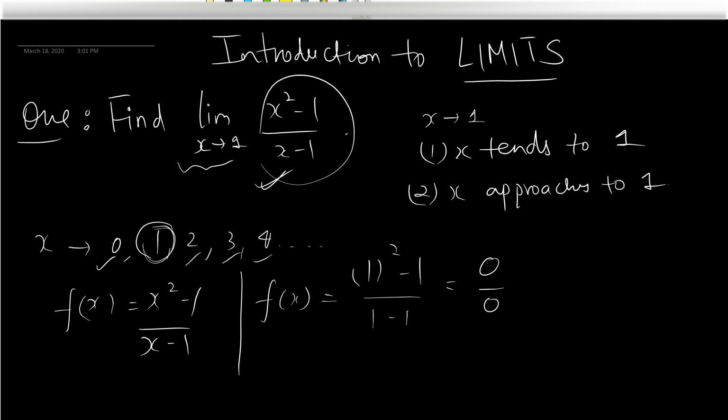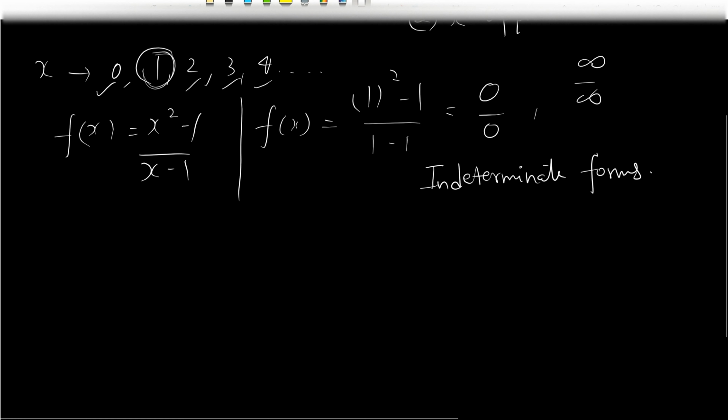So these forms where you get the answer 0 by 0 or infinity by infinity are called indeterminate forms. So in this case you cannot find the values by directly putting the values of x, but what you can do instead is, I'll show you.